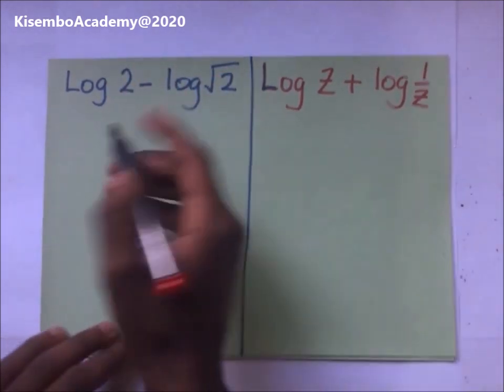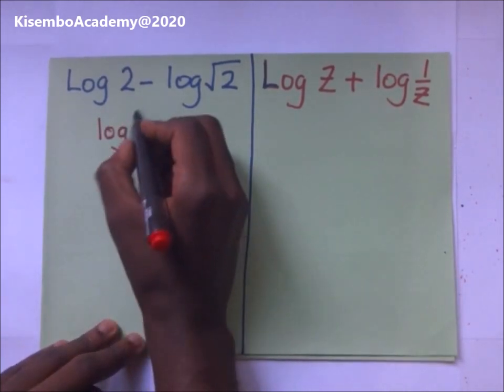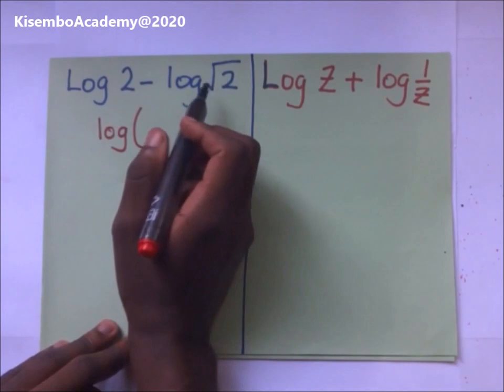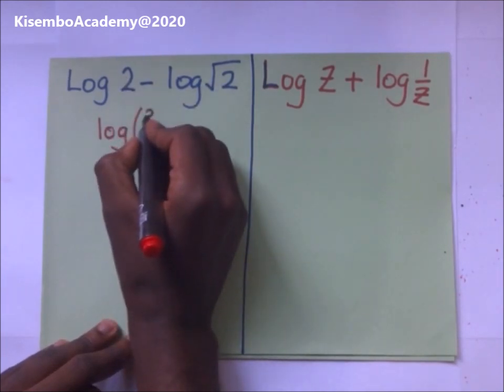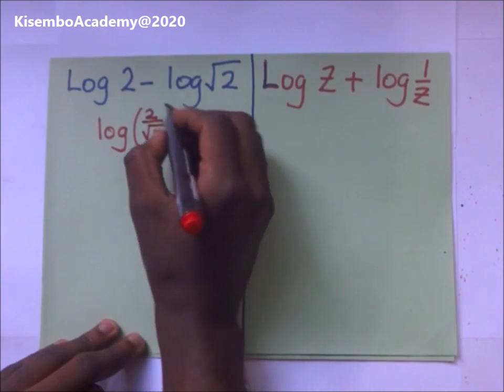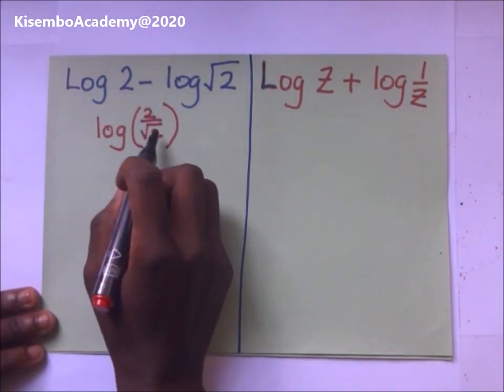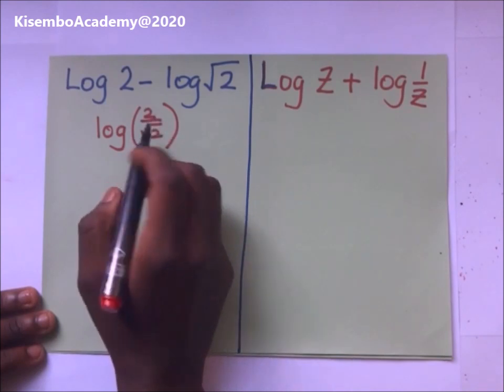So in this case, we shall maintain the log with its base. So it's log base 10 into, since it is subtraction, we divide. It's 2 divided by the square root of 2. So 2 divided by the square root of 2, we are going to rationalize this denominator.